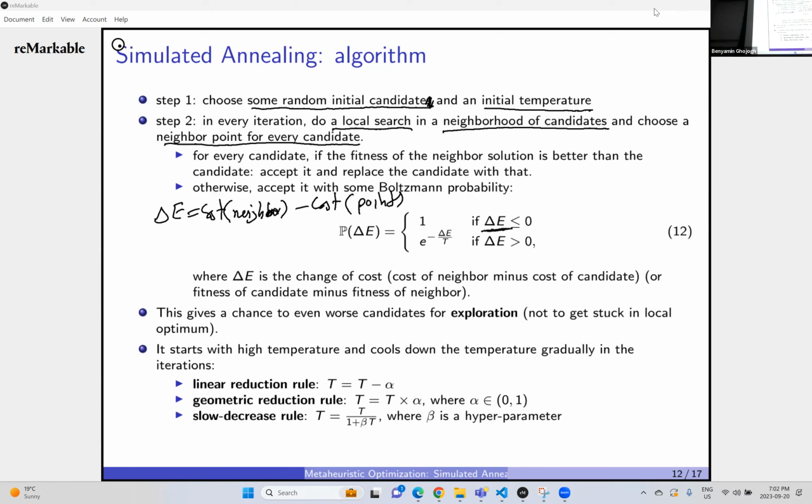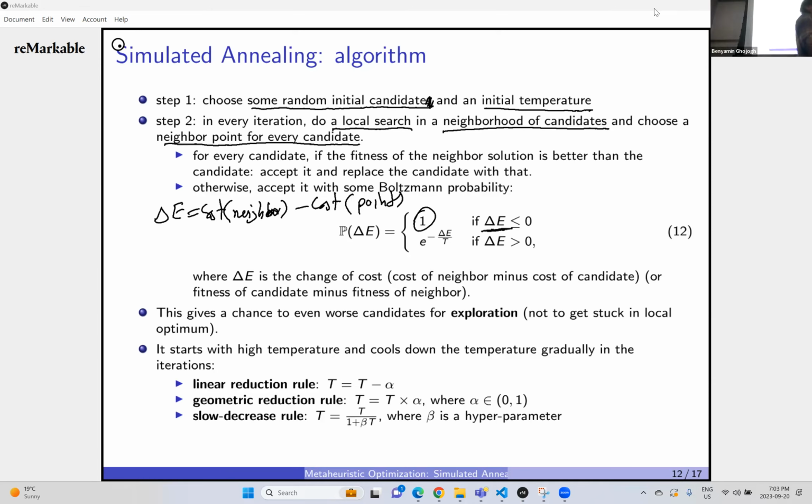If delta E is negative, it means that the cost of neighbor is less. So the neighbor is better than me because its cost is less than mine. Therefore, I accept it with probability 1. I definitely accept it, right? Because it's better. But what if my delta E is greater than 0? So the cost of neighbor is more than my cost. Should I accept it or should I reject it?